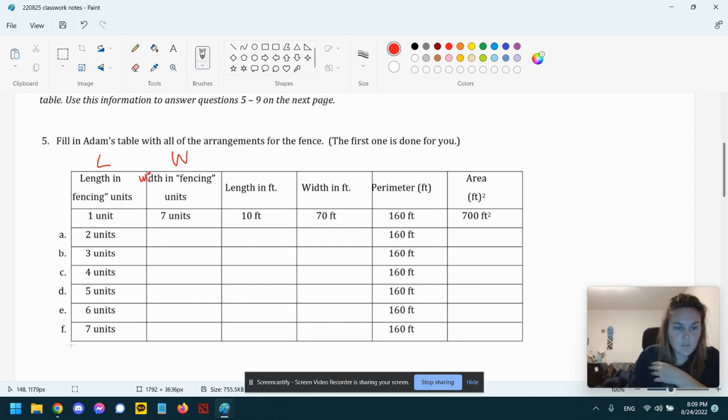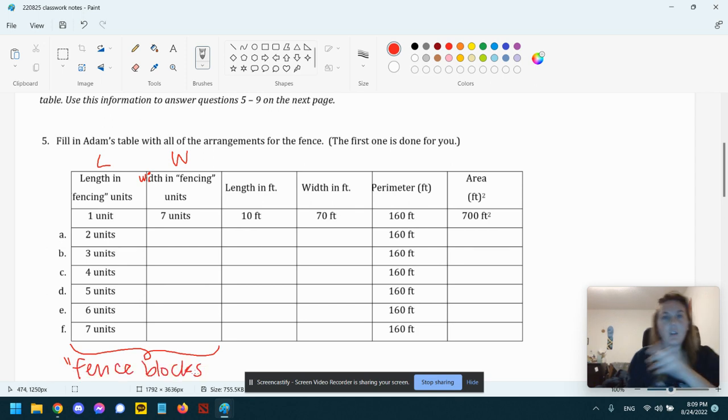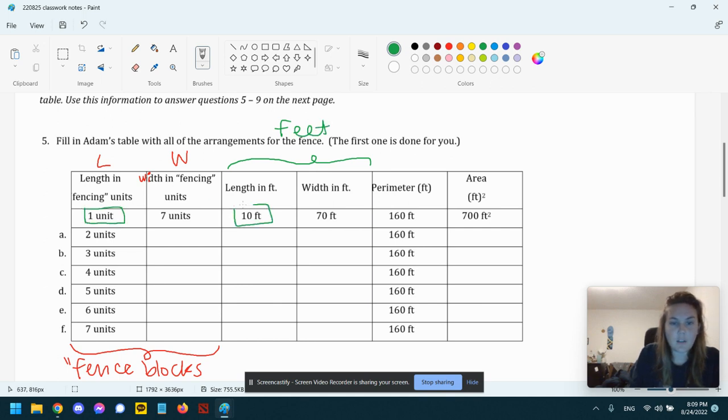These first columns are in fence blocks, so how many sections of the fence. Whereas these next two columns are basically the same exact thing, except we convert it all the way to feet. One fence block is 10 feet.